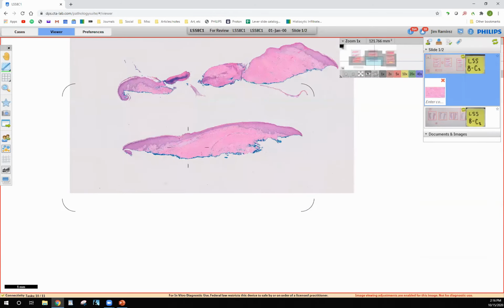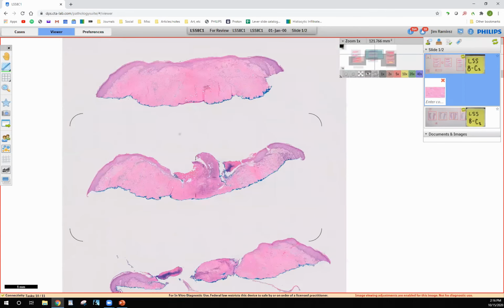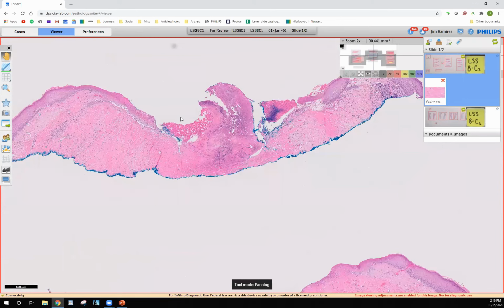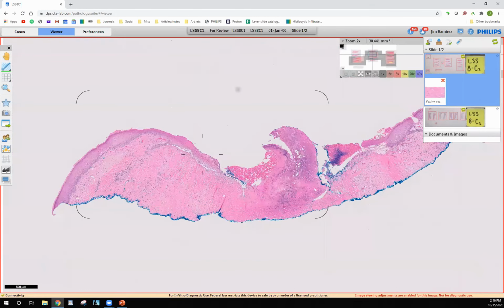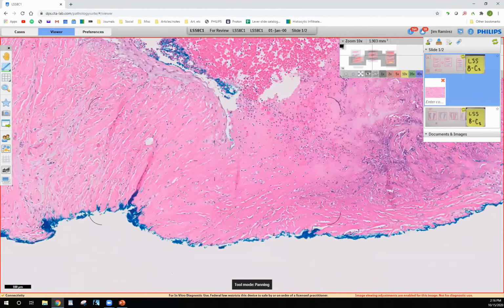This is a shave biopsy, and we can see that there's a couple of things going on here. There's obviously a lot of ulceration here, and we've got this inflammatory exudate. So the process is involving the epidermis, but additionally, the dermis is not entirely normal either. You have this fibrosis, this almost sclerotic look.